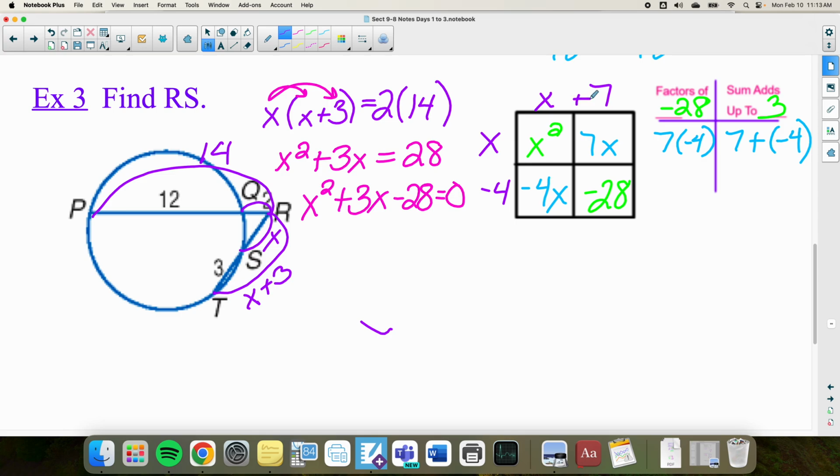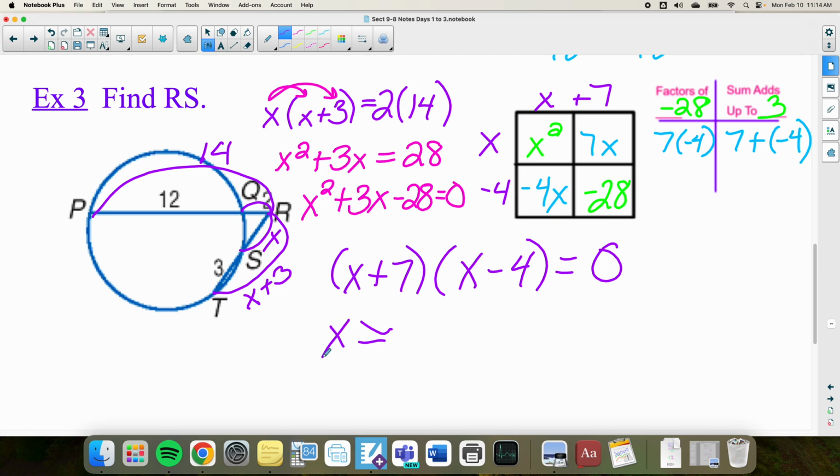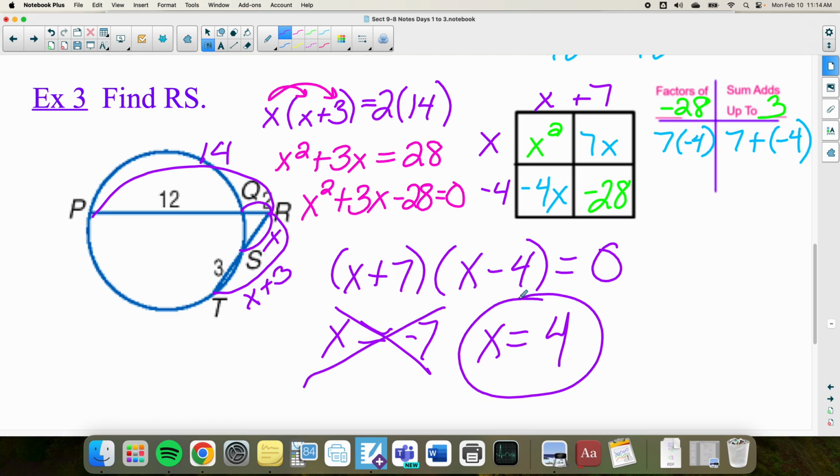So one of my factors is gonna be x plus 7. The other one is going to be x minus 4. So for this, the opposite of a plus 7 is a negative 7. And for here, the opposite of negative 4 is 4. X is part of the problem. It can't be negative, so our answer is 4.